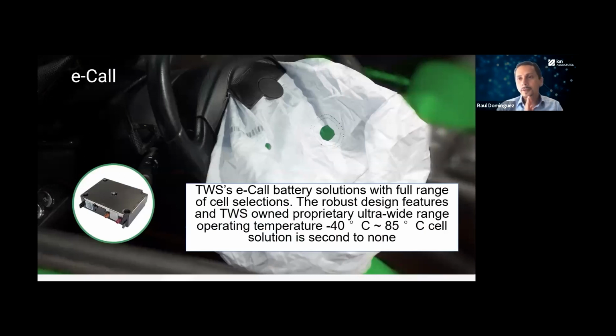So with TWS, we have several kinds of batteries we can offer, depending on your needs. Here, I will show some examples. It's not that we only do those, but it's to show what we can do. For example, these emergency calls.